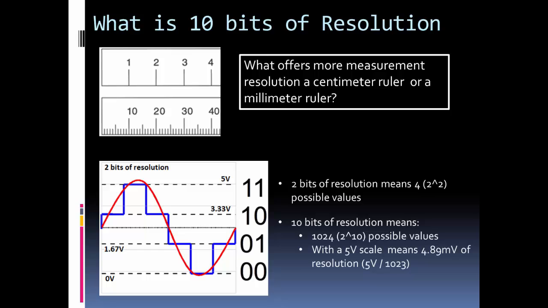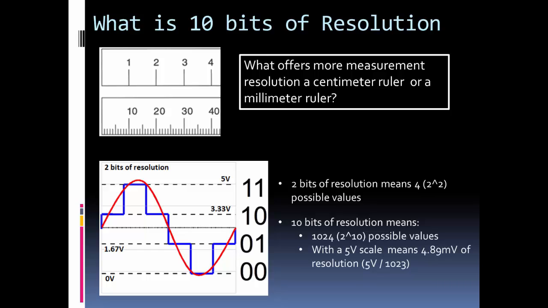Now, most of the Arduino chips, and they vary, but most of them have about 10 bits of resolution. And what does that mean? Well, that means we can discern between 1,024 different levels on our voltage scale. And how did I get that? Well, binary is 2, so I take 2 to the 10th power, and I get 1,024.